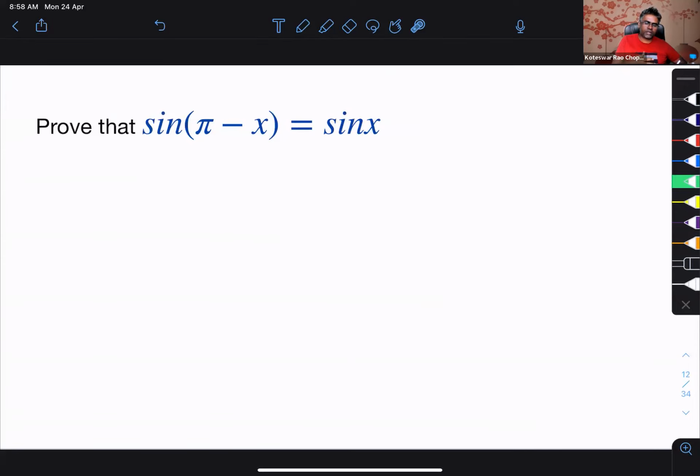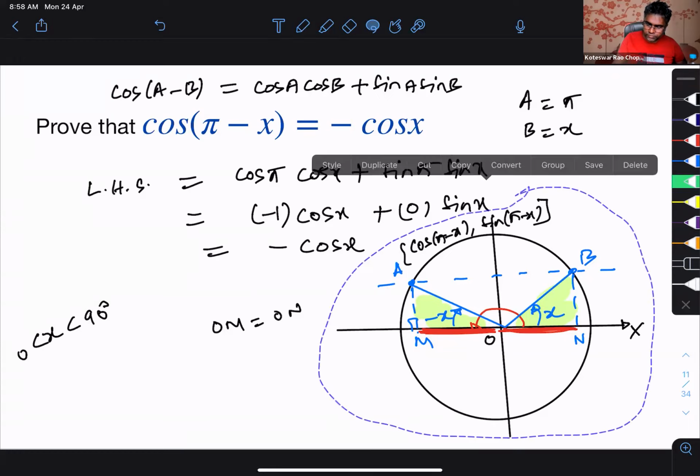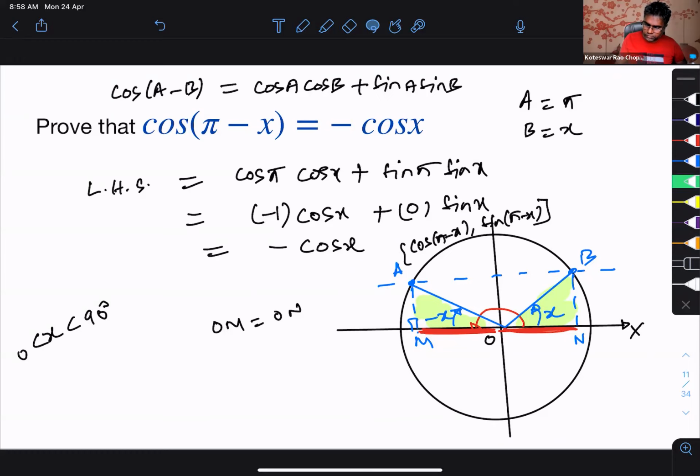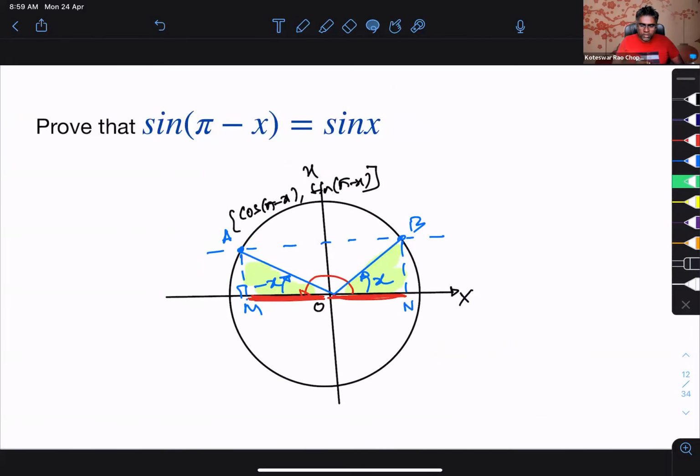Now sine of pi minus x is equal to sine x. We can use the same figure, I'll just copy this and put it here. So what is going to be our sine of pi minus x?